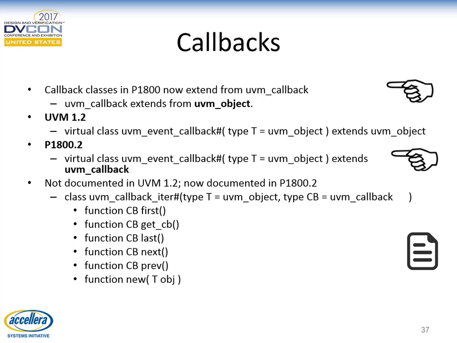But fundamentally what happens is that you can go and now do things with callbacks that you never could do before. The other thing is that they're uniform. So as a result of that uniformity, the callback iterator that was different is now kind of unified, right? And so that has now been documented in the LRM. So you can actually go get a list of these things, see what it was, see which ones are enabled, things like that.